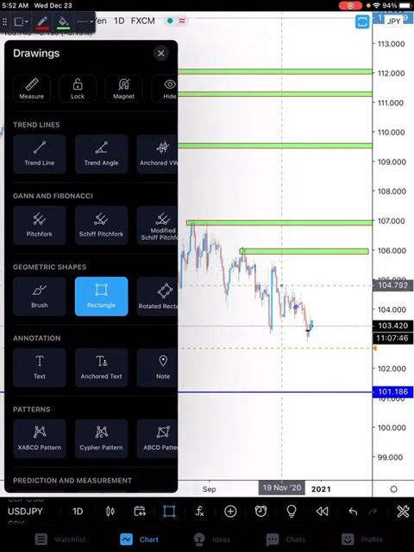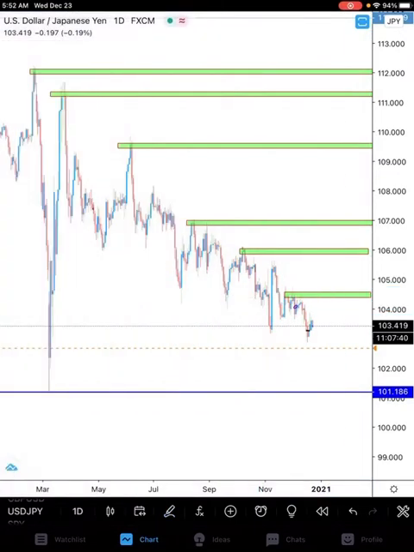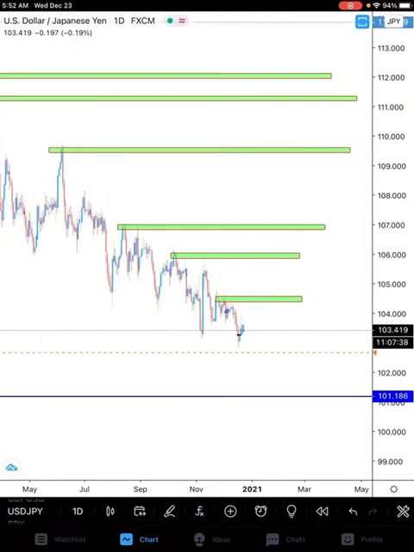So all I'm doing right now, again, guys, is marking off zones of resistance, right?